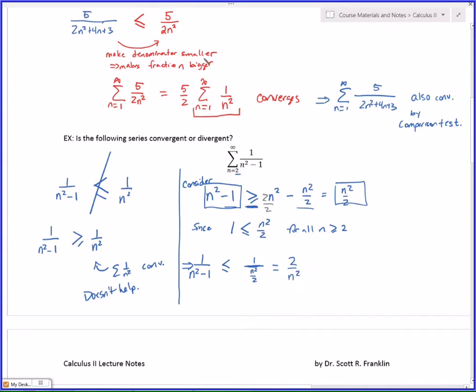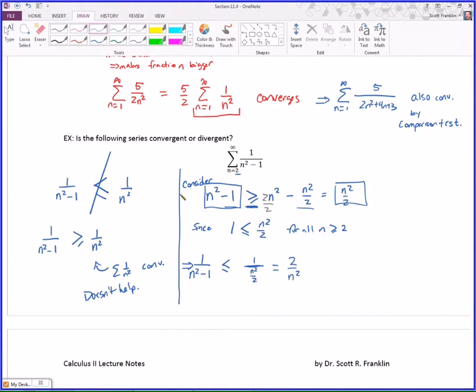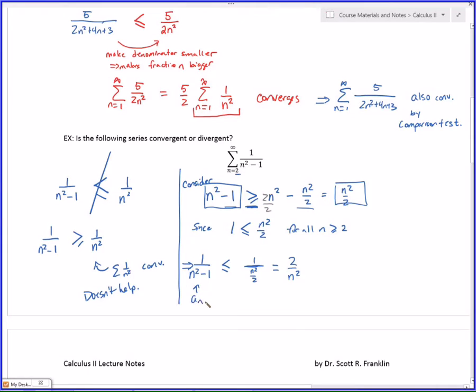All right, so here now is my a sub n, and here's my b sub n. And how does the sum of 2 over n squared from n equals 2 to infinity behave? Well, that's 2 times the sum from n equals 2 to infinity of 1 over n squared.